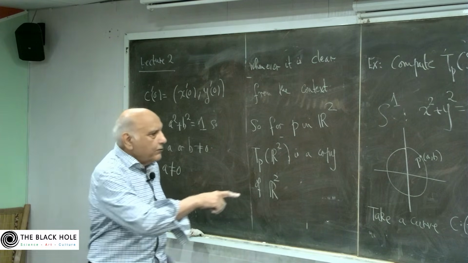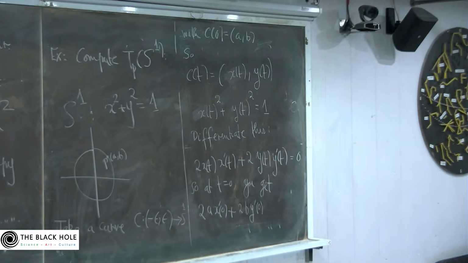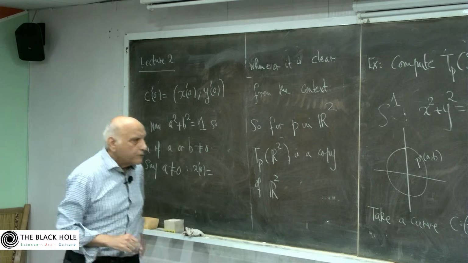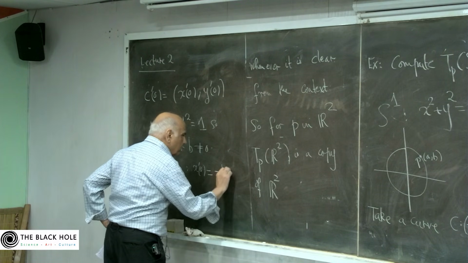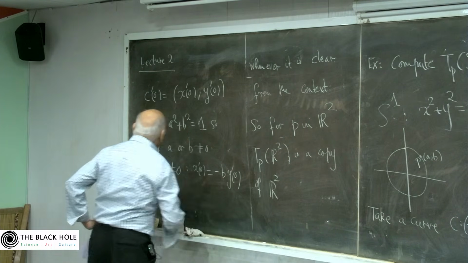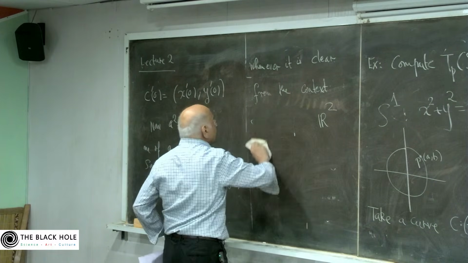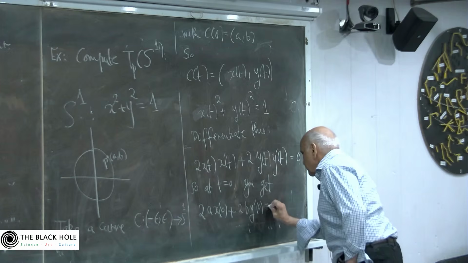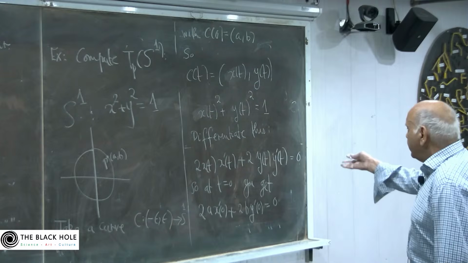Then I can solve for x'(0). Since a is not 0, I divide by it.